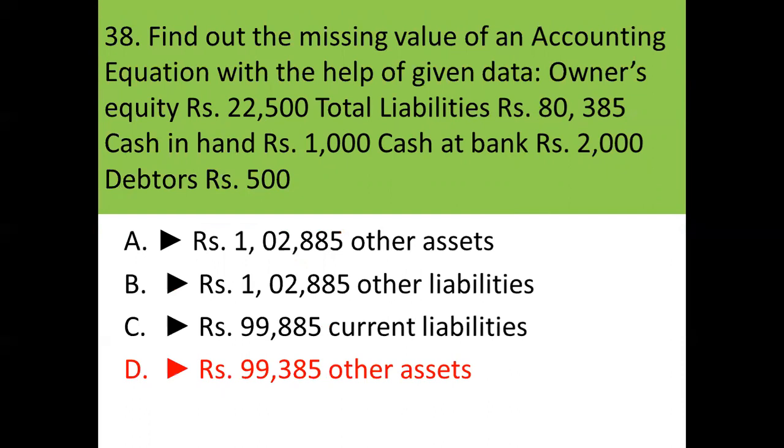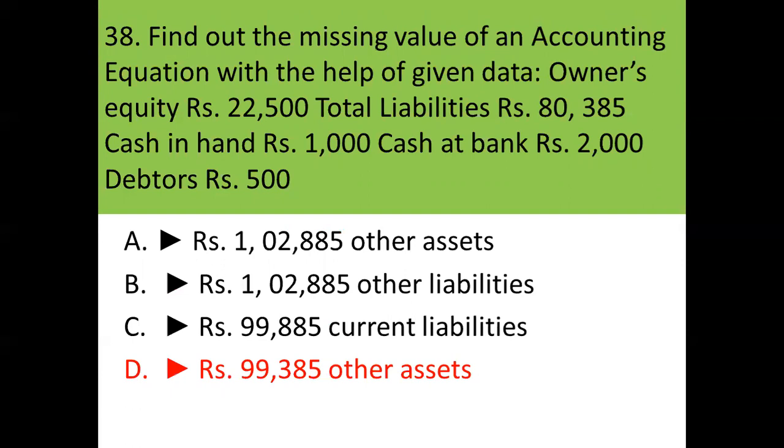Debtor is 500. And as we know, the accounting equation states that total asset is equal to capital plus liability, and we are here to find the missing figure.